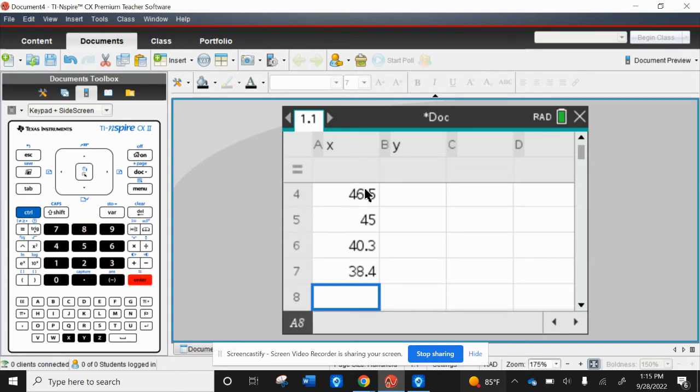Now you'll see that 31.5 is the next value, but it doesn't have a value for y next to it. So we're going to ignore that point and go to the next one, 29.6, 18.3.